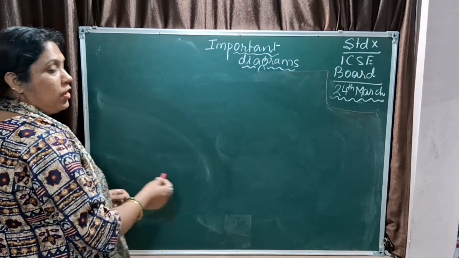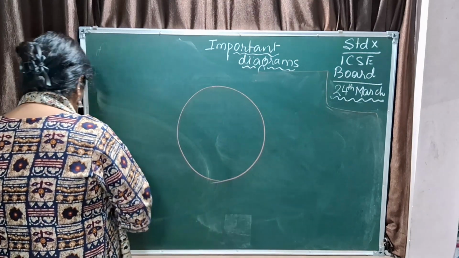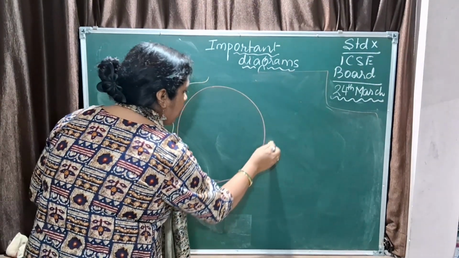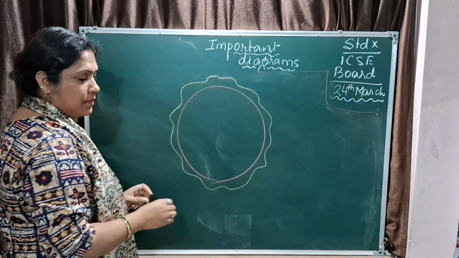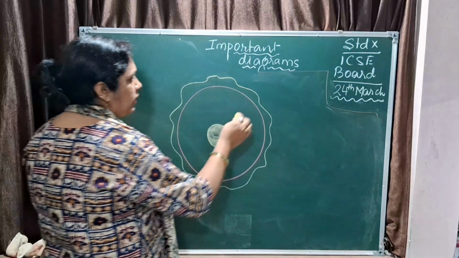Yes, so let us draw the human ovum. For that you have to draw a circle with radiating cells of corona radiata and a nucleus. So what are the components?